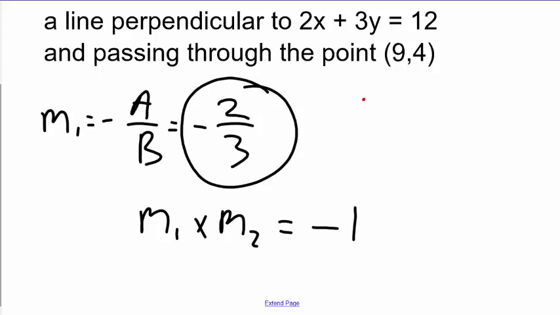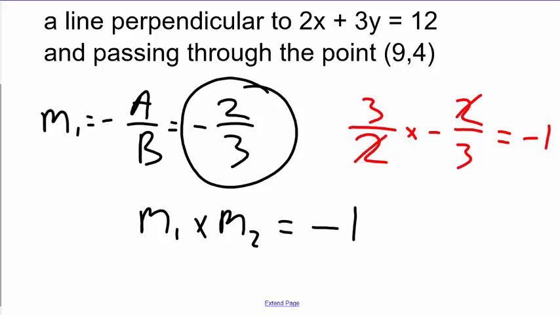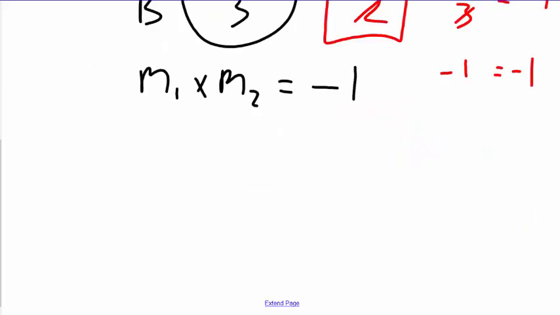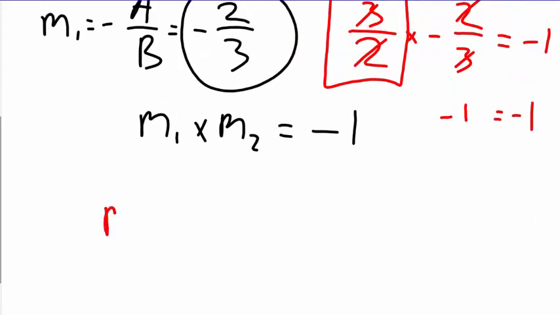So 3 over 2 multiplied by -2 over 3 will be -1, right? They will cancel each other, and it will be -1 equals -1. So that is the slope. Once again, slope 2 is equal to +3 over 2.